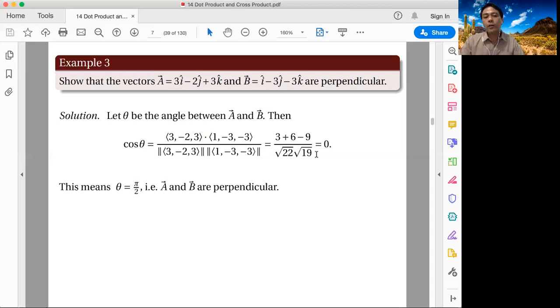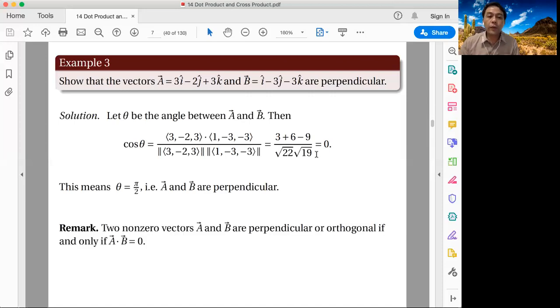and that means that the two vectors are perpendicular to one another. Now notice that to determine if the two vectors are perpendicular, in the formula for the cosine, we just need to check the numerator. So if the dot product is 0, then that implies the two vectors are perpendicular, because then the cosine will be 0. So this is our simple check.